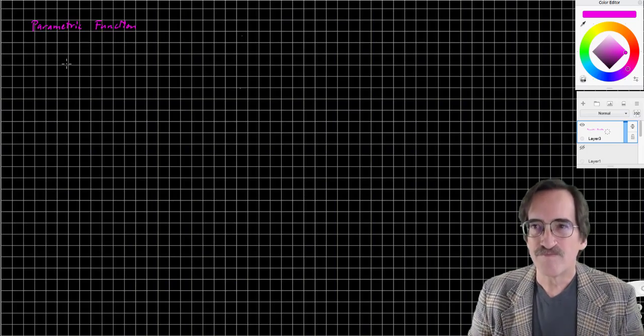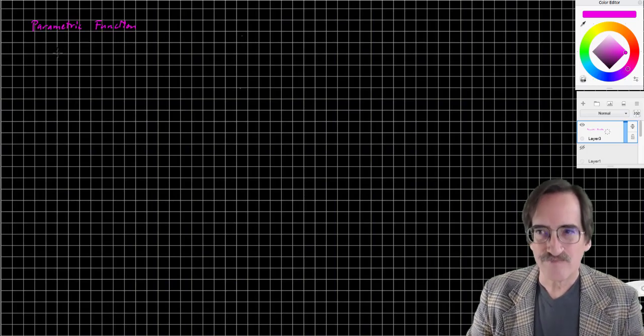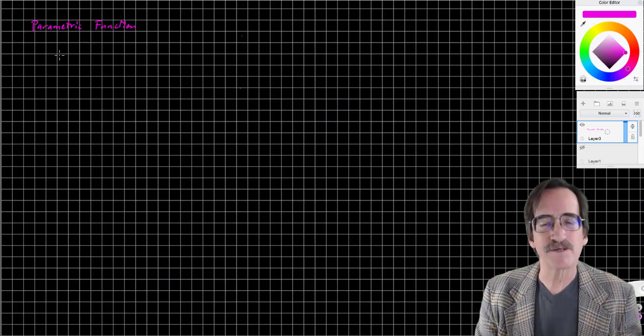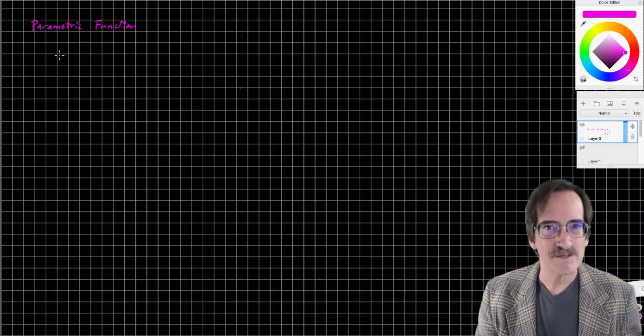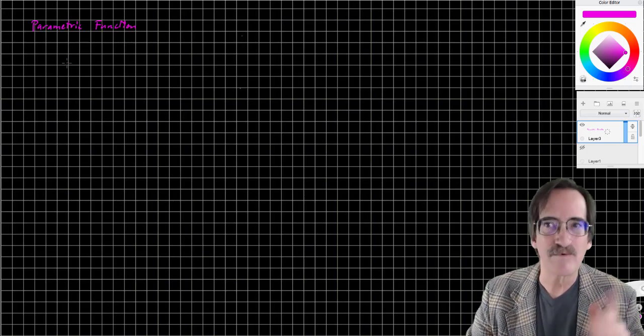But we have done problems to this point where motion along a line is affected by time, for example.